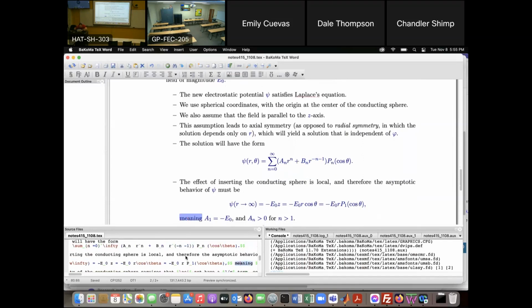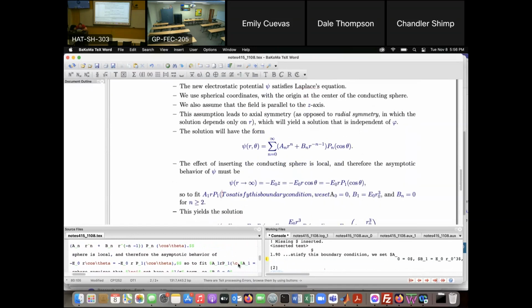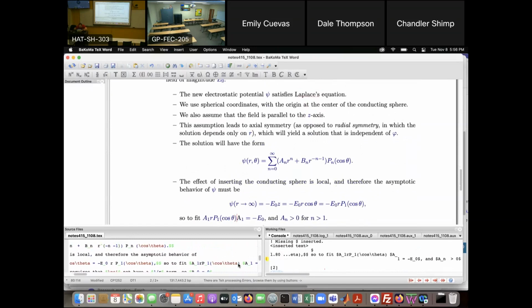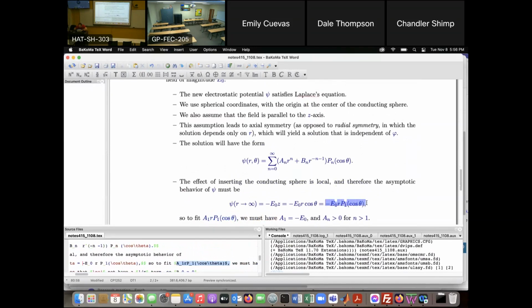I'm going to elaborate here. To fit the term a1 r P1 of cosine theta, in other words, we're matching this to this, but they're identical except for the constants in front.